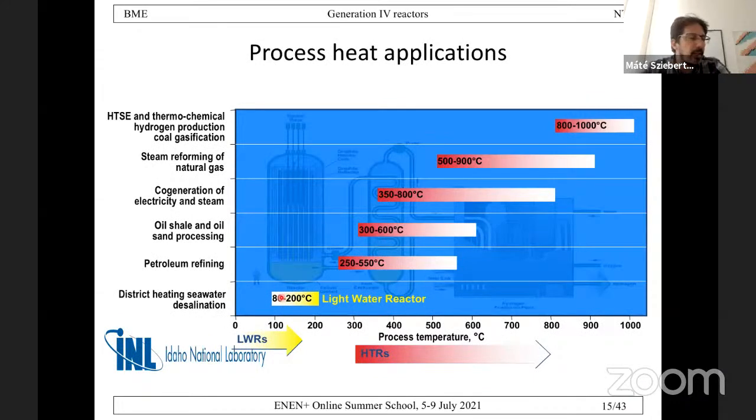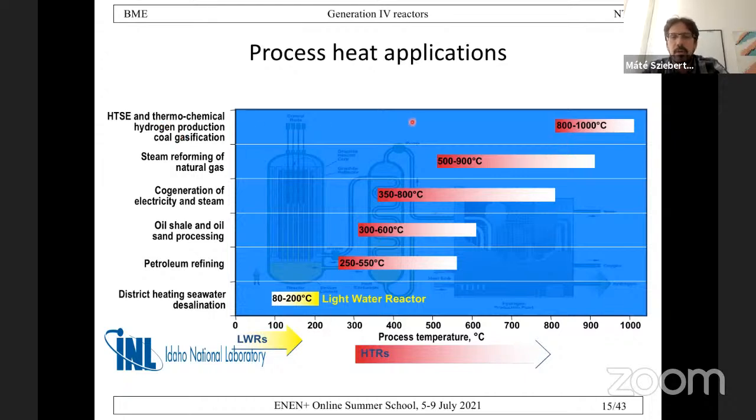Concerning the process heat applications, many industrial processes need temperatures which are above the temperatures you can obtain from the conventional light water reactors. These are all for the high temperature reactors.